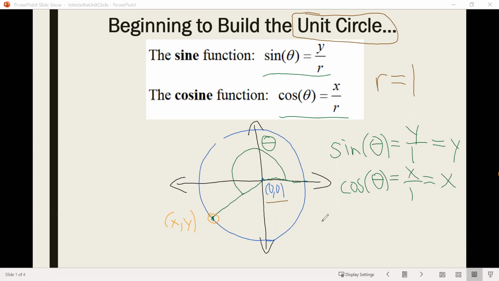So what we see in the unit circle is that this point x, y will actually represent the cosine of the angle, comma, the sine of the angle. And again, that's only on the unit circle. On other circles, that's not true, but it's an important and helpful fact about the unit circle.